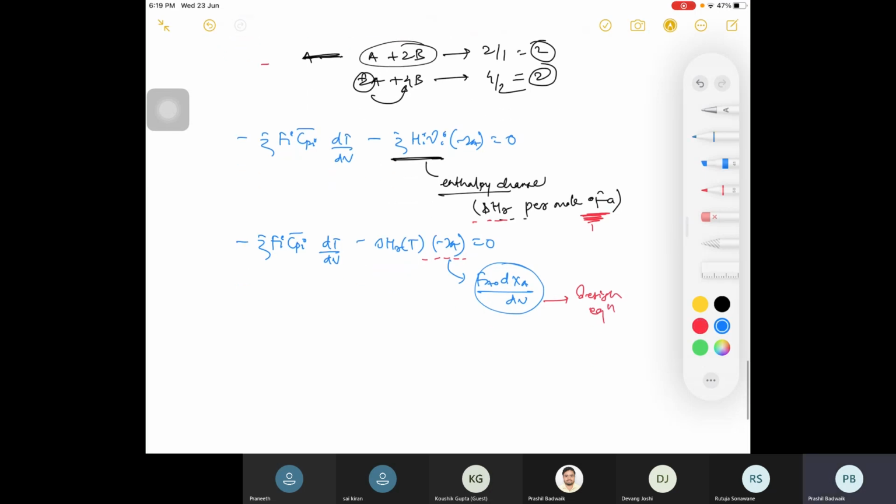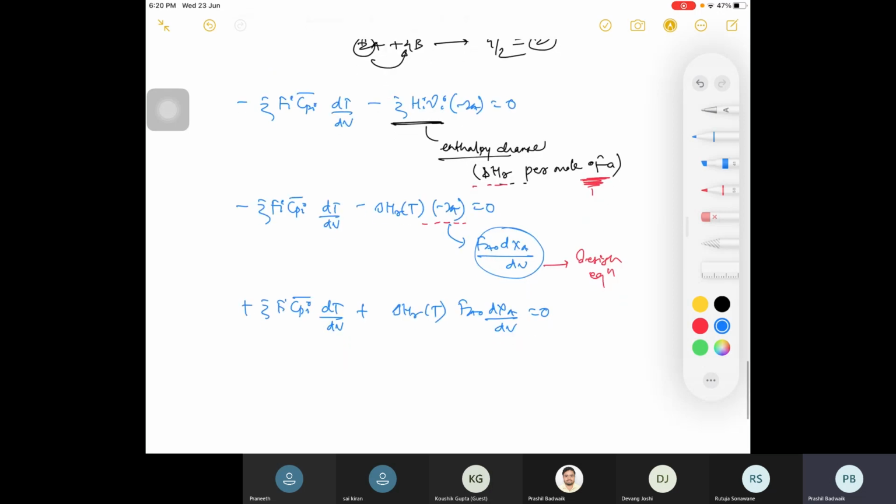So you will get an equation like this if you replace: dV cancels. Minus summation of Fi Cpi mean dT by dV, plus, both cases, that is by the way, or 0 on the other side, delta HR reaction at temperature T Fa naught dXA divided by dV. Please remove dV and take out what is the value of dT.